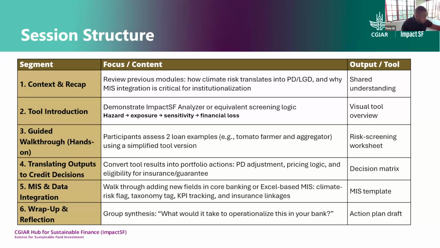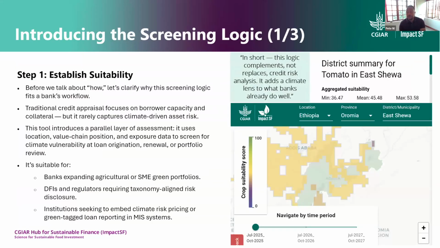Now, going back into the analyzer, if you recall this particular picture on the bottom left-hand side, the first thing that we identified was that we would need to do a suitability analysis of that particular value chain area. The main purpose for this is to ensure that the crop that you're planting in that area is favorable.